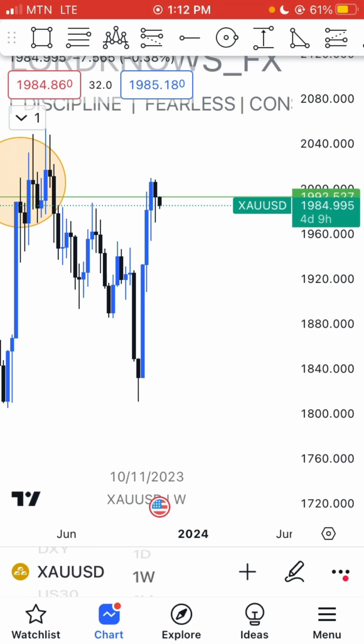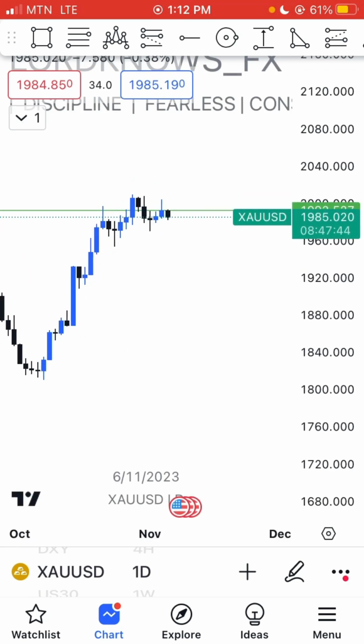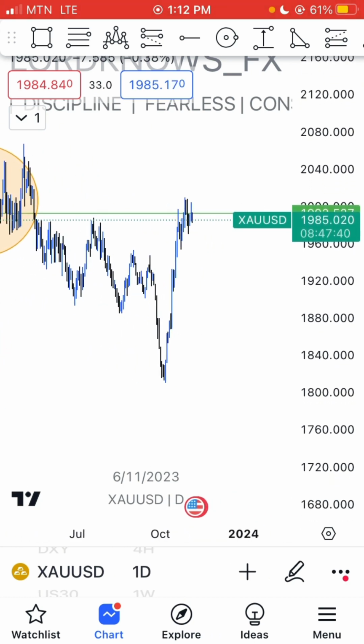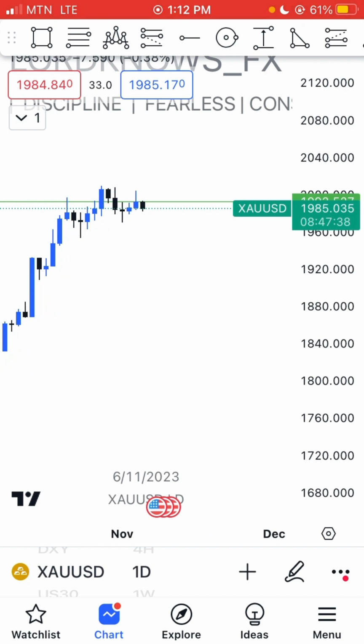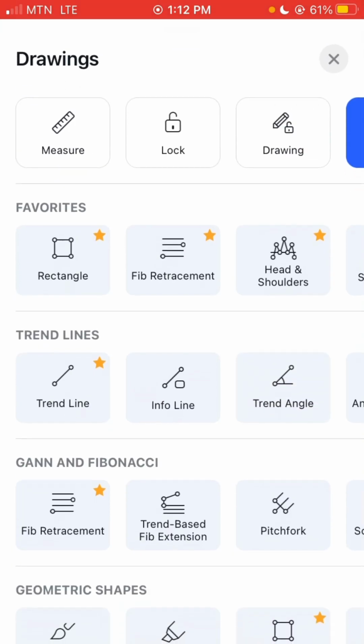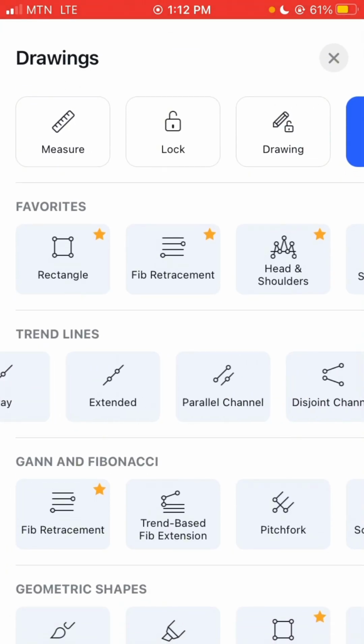Okay, so now let me go to the 1D time frame. You see the 1D time frame is trying to resist the line I drew before. That is a resistance level. You see there's a reaction on that resistance level. So there was a break of trend, like a break of zone.